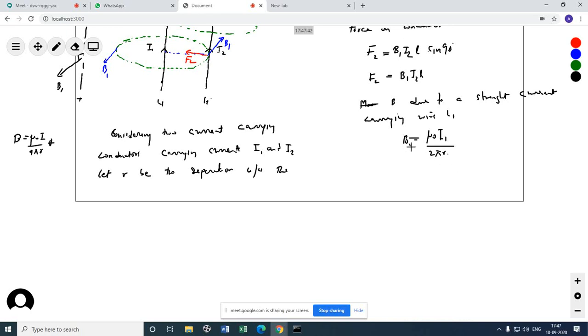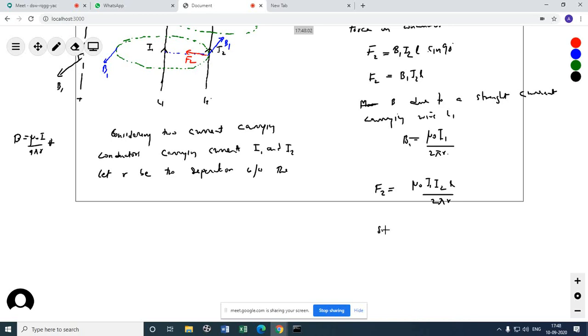So now if I substitute this B1 there, F2 will be equal to mu naught I1 I2 into L by 2 pi r, right? This is the force experienced by one wire with respect to the other.